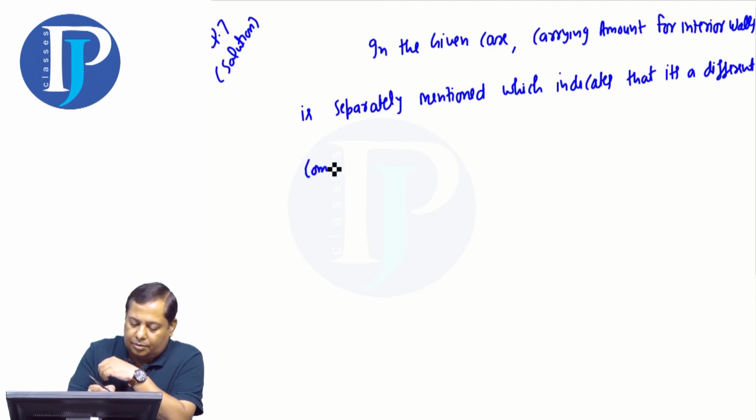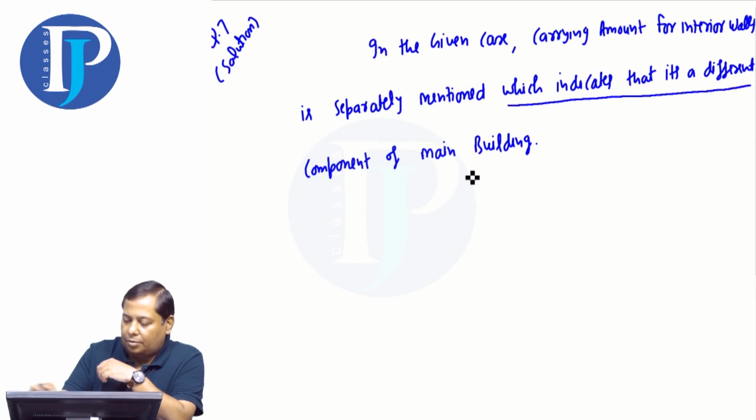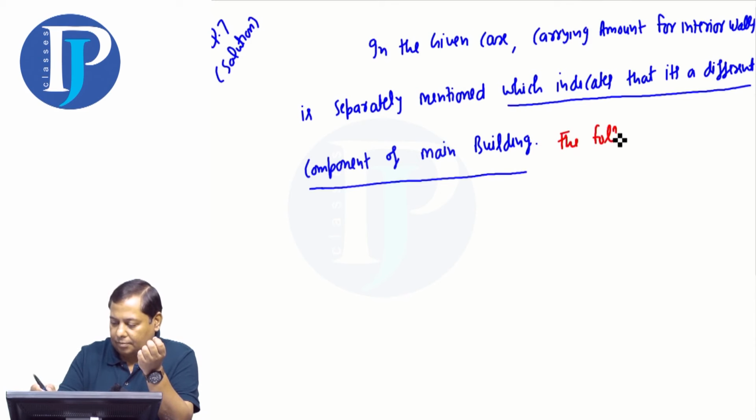Write like this: indicates that it's a different component of the main building.